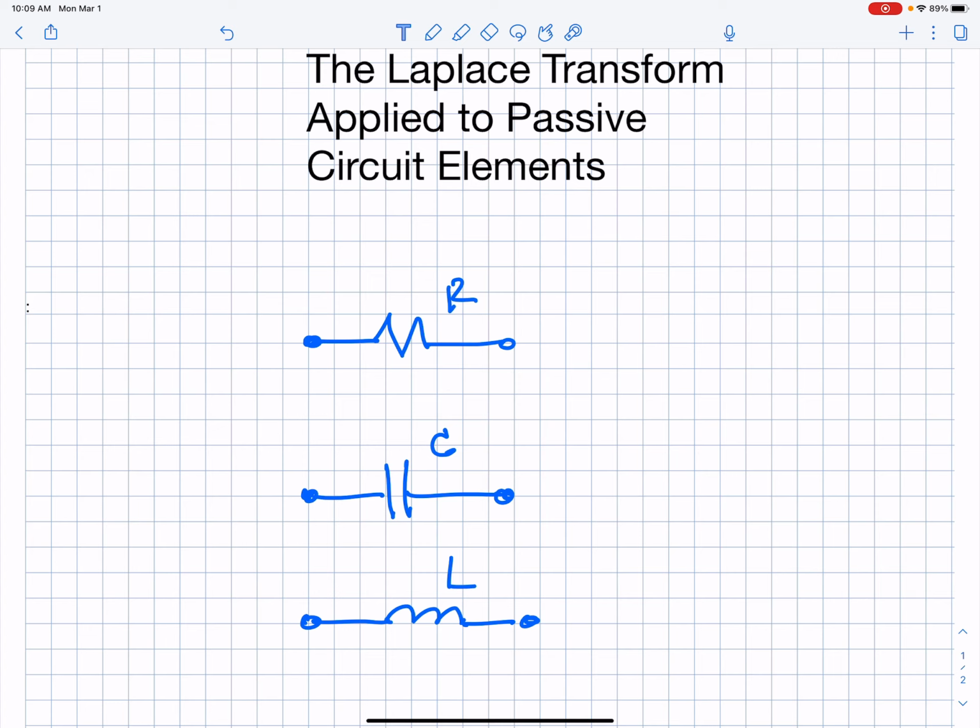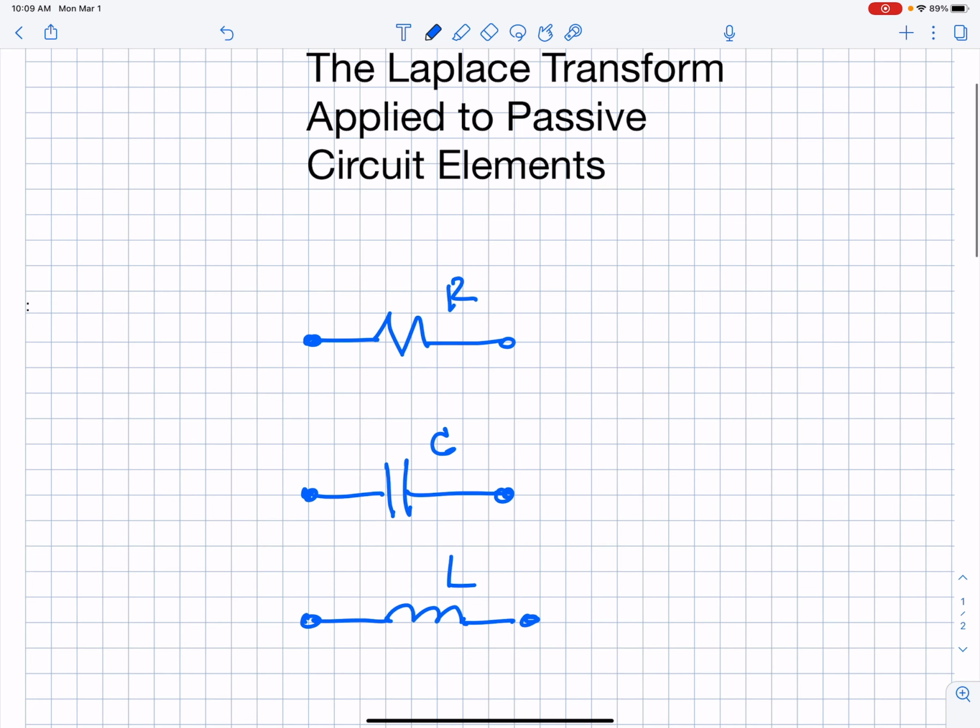Let's say we had a resistor, and one of the things we know about a resistor is that Ohm's law applies, and that V is equal to I times R. Okay, and so if I took the Laplace transform of both sides, I would get V is equal to capital I times R, where lowercase v is the time domain, uppercase V is the Laplace domain.